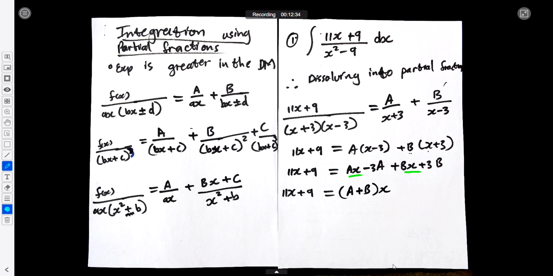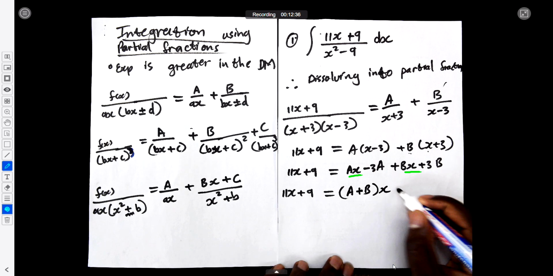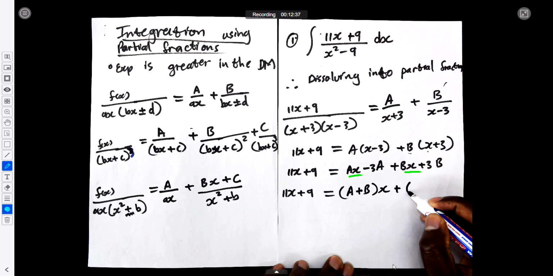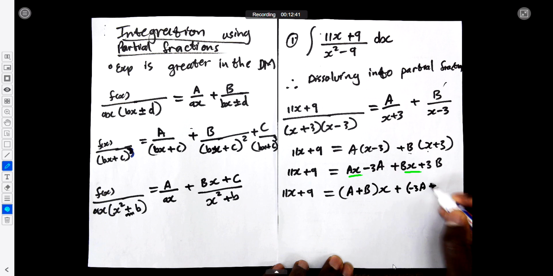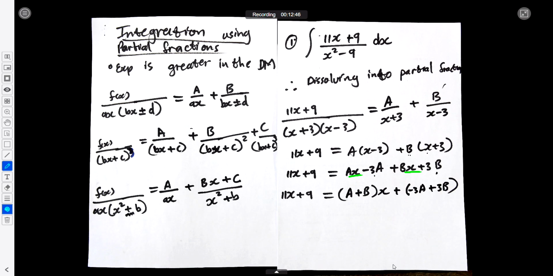Then same thing with the constants: plus, group them together, you have −3A + 3B. These two terms are just constants, they don't have x. So we have grouped the terms that consist of x and the terms that are constants.